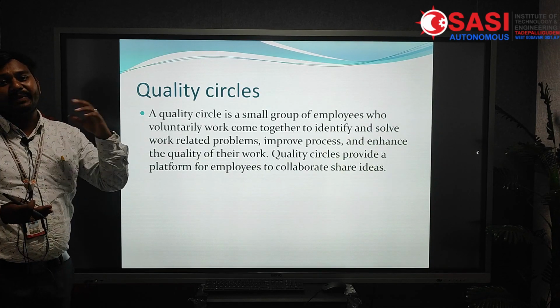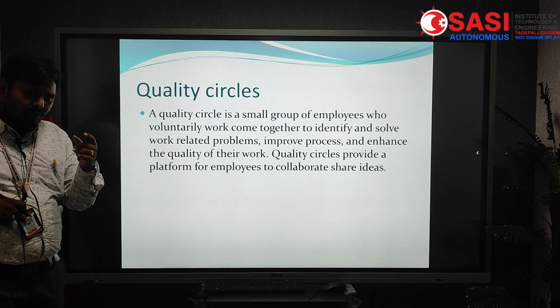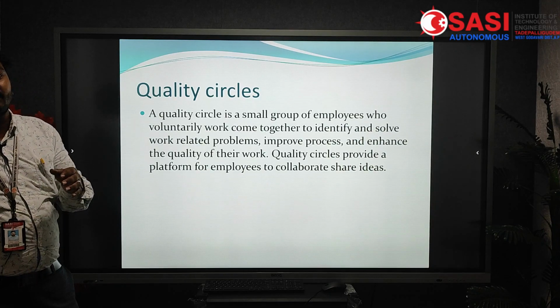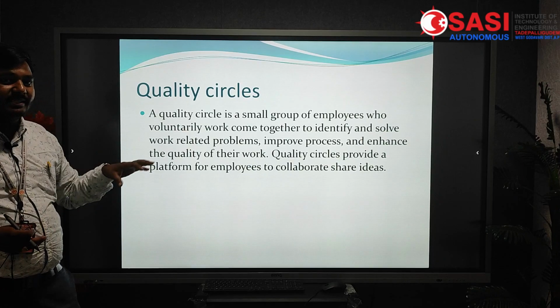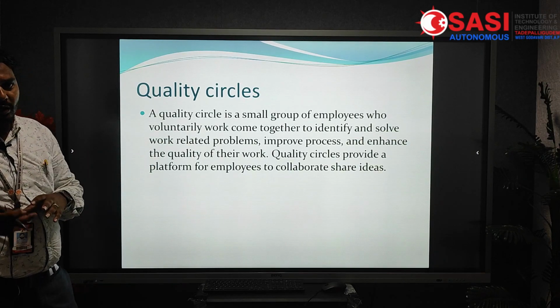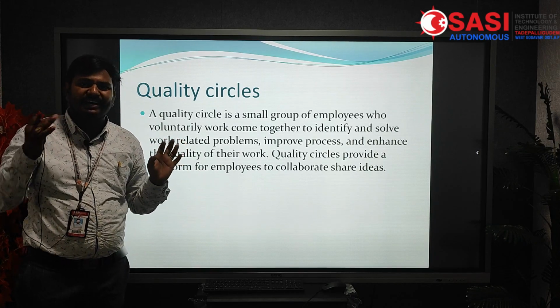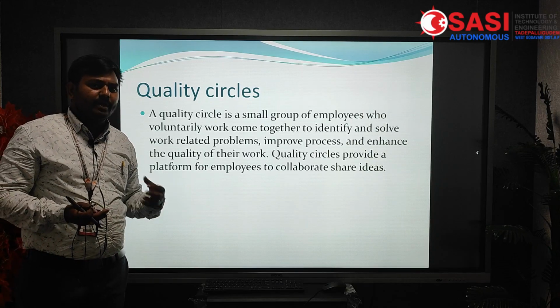Anybody can participate in the quality circles who is ready to inspect the quality of the organization, who is ready to assess the quality requirements of the people, and all other things will be assessed by this small group of employees. No one will force the employees to be a part of quality circles, but voluntarily the employees become a part of quality circle.